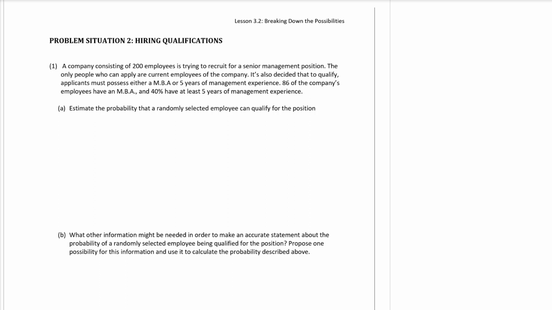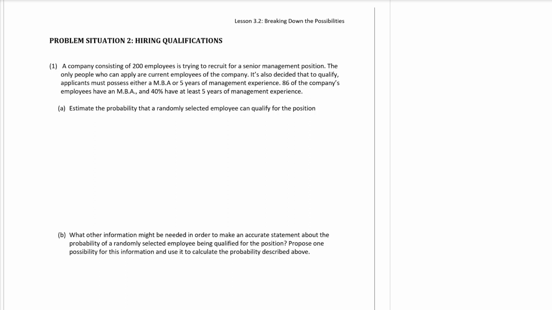It's also decided that to qualify, applicants must possess either an MBA degree or 5 years of management experience. 86 of the company's employees have an MBA, and it's also known that 40% have at least 5 years of management experience. Part A is asking us, estimate the probability that a randomly selected employee can qualify for the position.